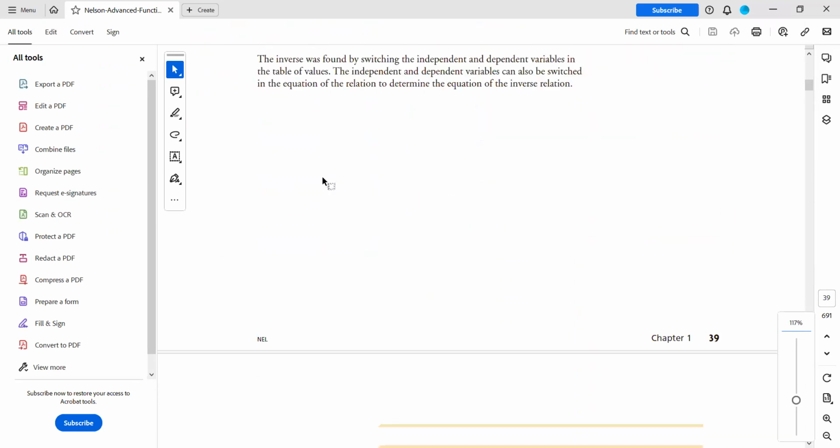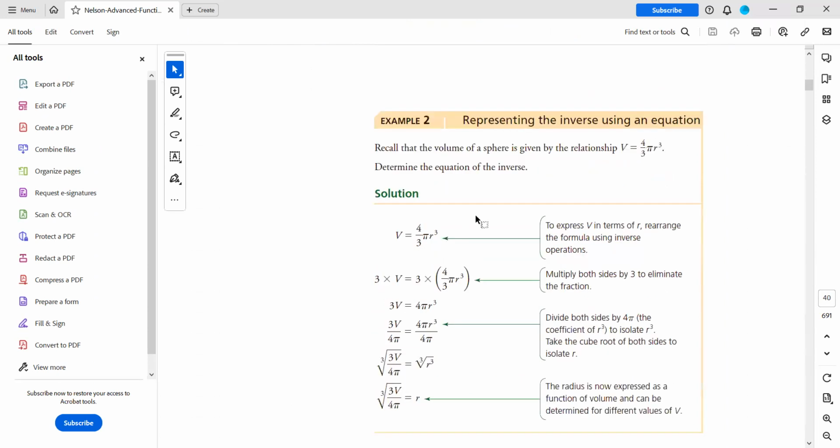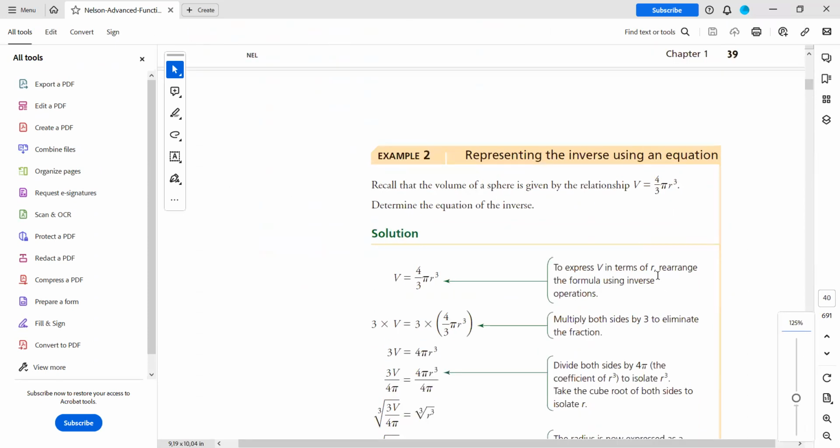Now, Safa, don't worry. In this example, you're going to understand what an inverse function is. So we have to determine the equation of the inverse. Basically, what we have to do from here is express v in terms of r.